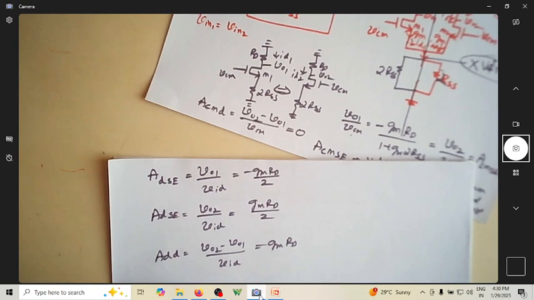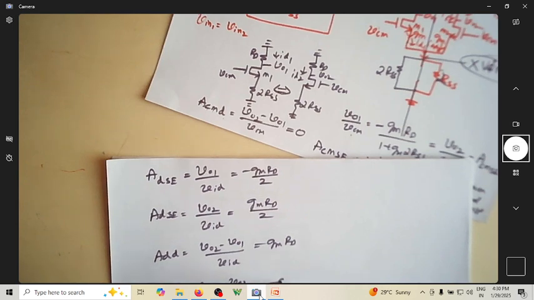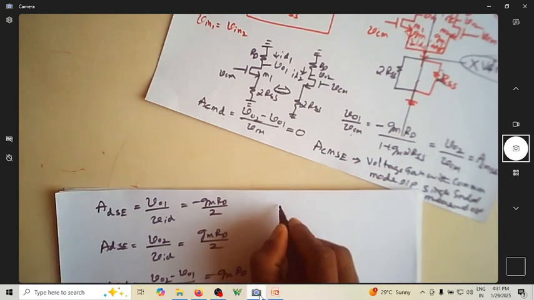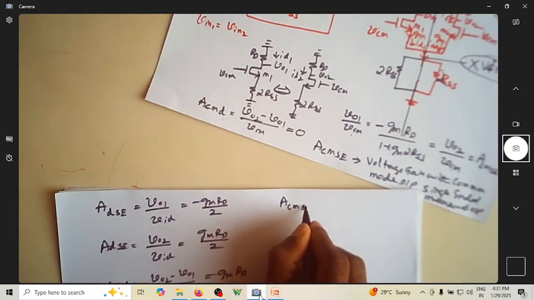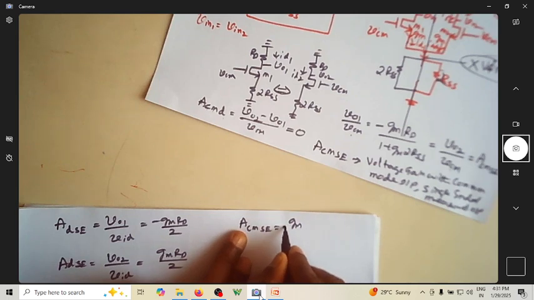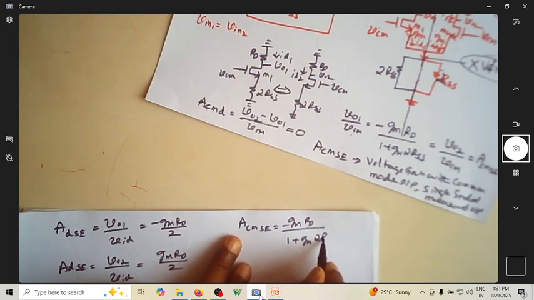There is one more possibility. You can write it as V01 minus V02 by VID. In such a case, this will become minus GM into RD. This is for a differential input. For a common mode input, which we can write as VCM single-ended, it is minus GM RD divided by 1 plus GM into 2 RSS.